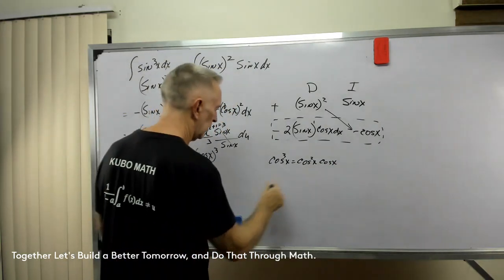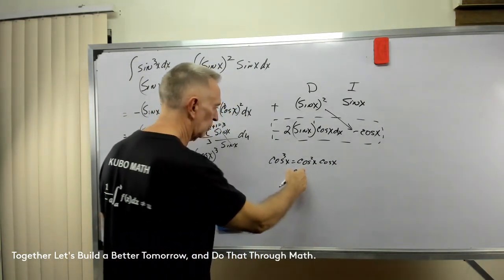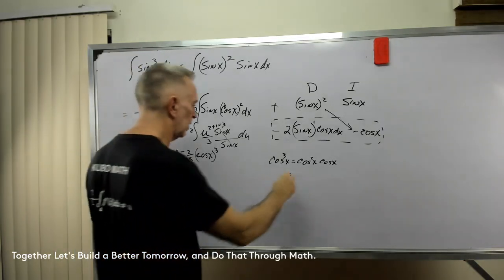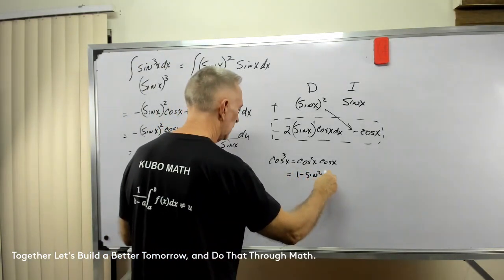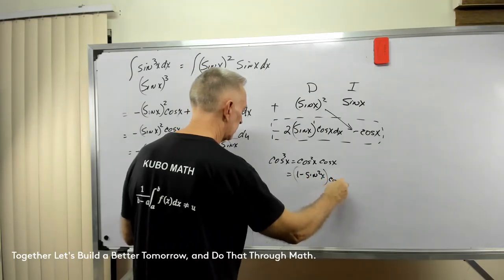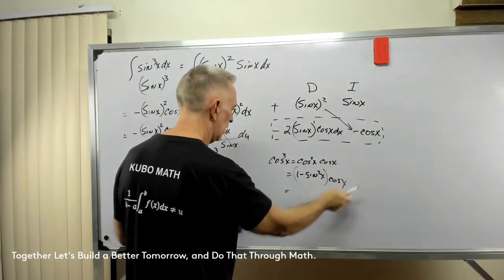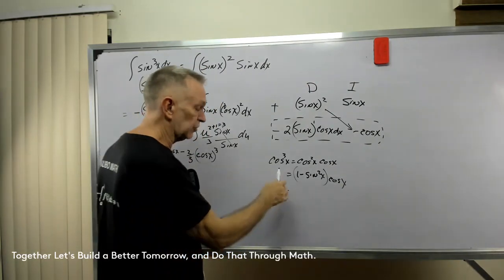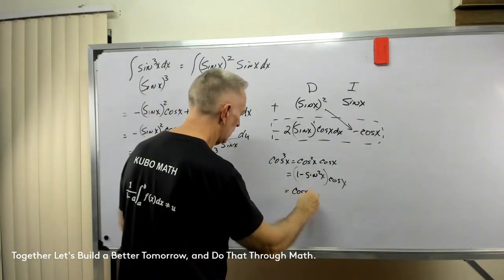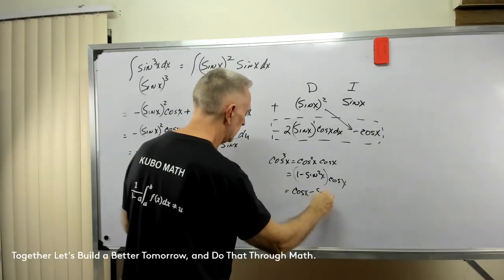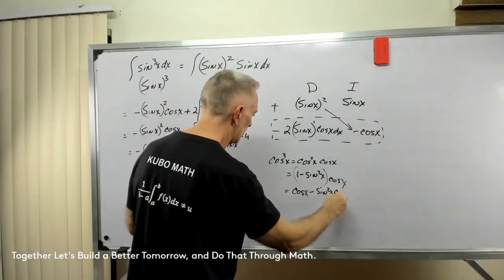Well, I could change that cosine squared x into 1 minus sine squared x, times cosine x. So now if I distribute the cosine x to the inside, I get cosine x minus sine squared x cosine x.